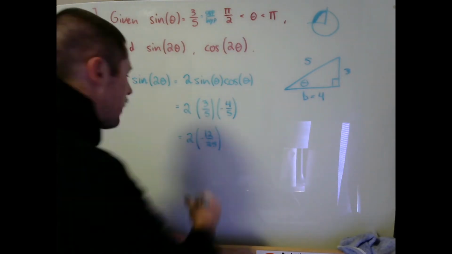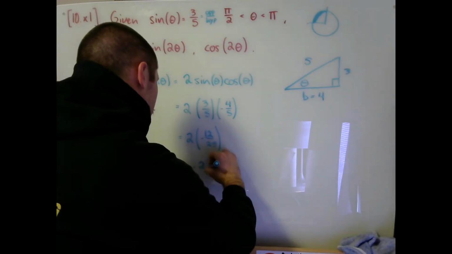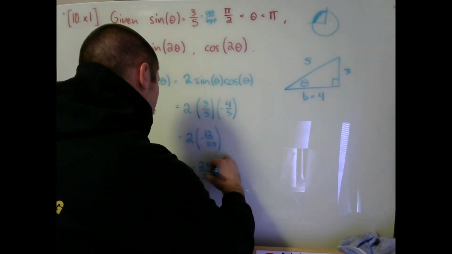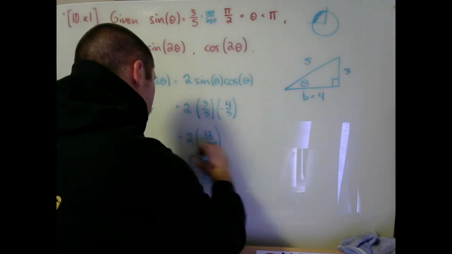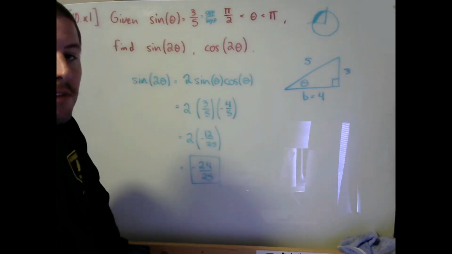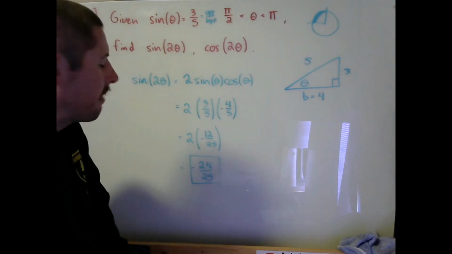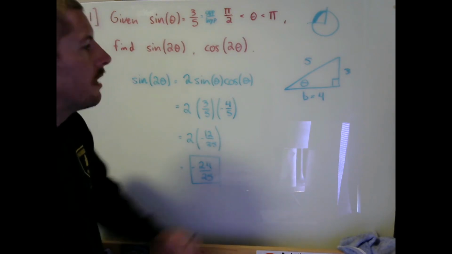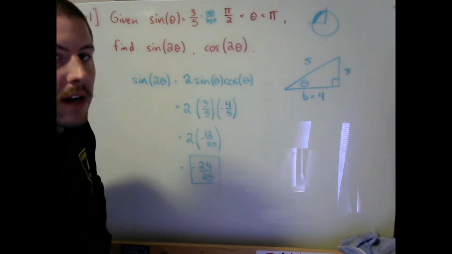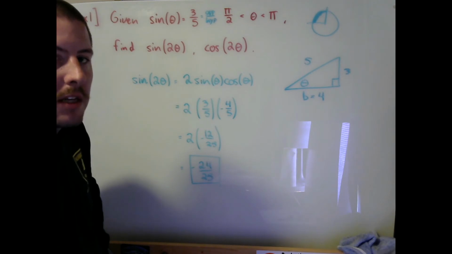Finally, 2 times negative 12 will lead us to our final answer of negative 24 divided by 25, negative 24/25. Don't forget that you can always use your triangles here to help you find the other information that you need.